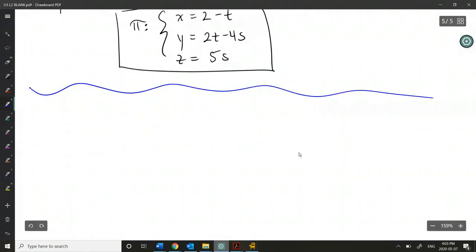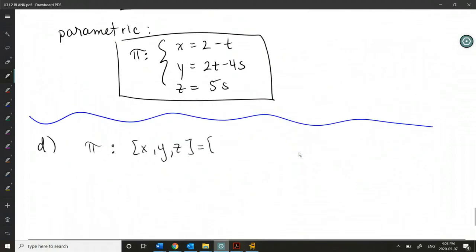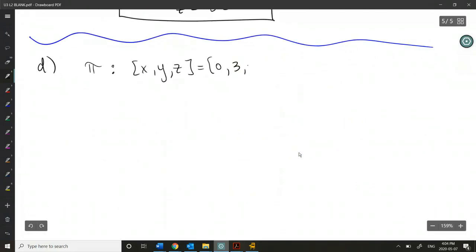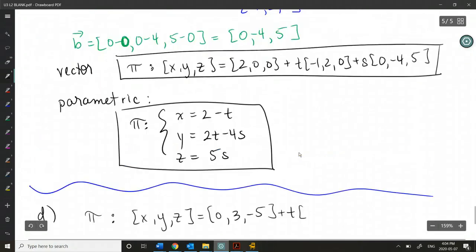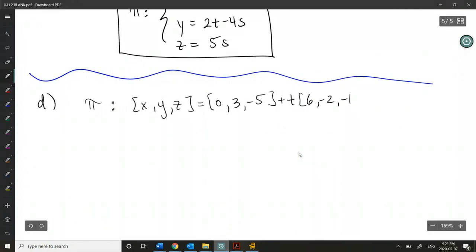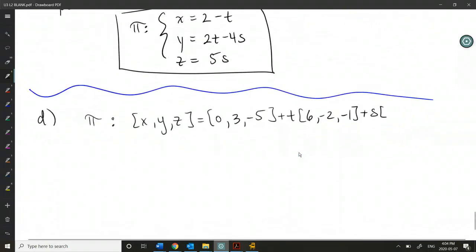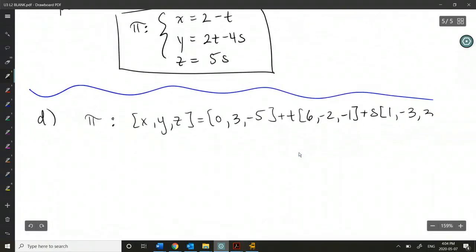So I can easily find my vector equation of my plane by using the position vector for the first line, which is essentially just a point on the plane as well. So 0, 3, negative 5. And then I'm going to use a direction vector from each line. So the first one will be 6, negative 2, negative 1. And the next one will be 1, negative 3, 3.